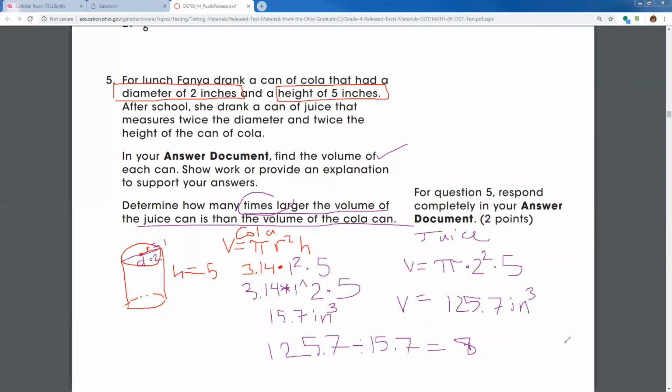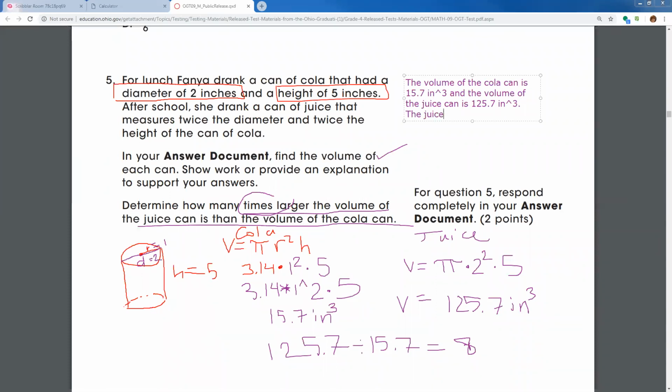So you may want to type a complete sentence after showing all this work. Type something like, the volume of the cola can is 15.7 inches to the third, and the volume of the juice can, it just helps to be very specific, is 125.7 inches to the third.